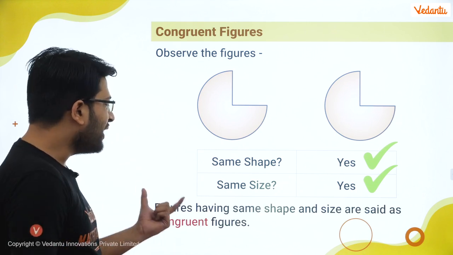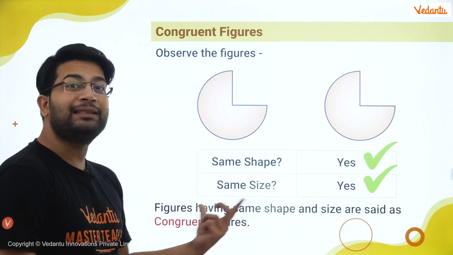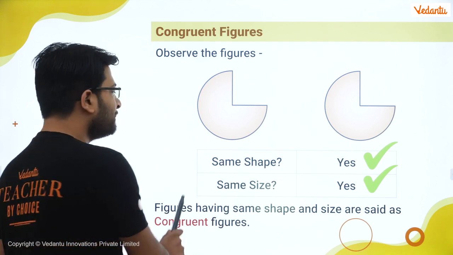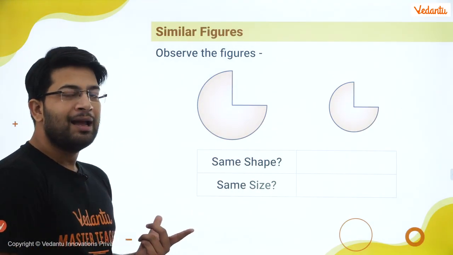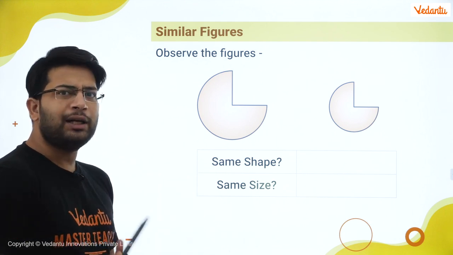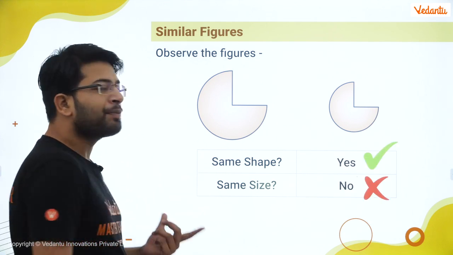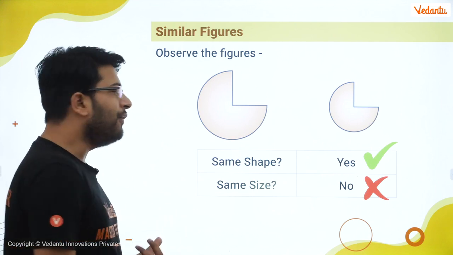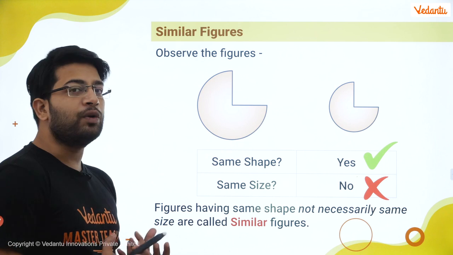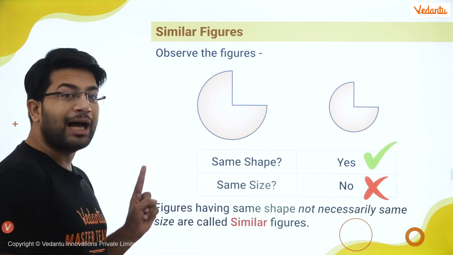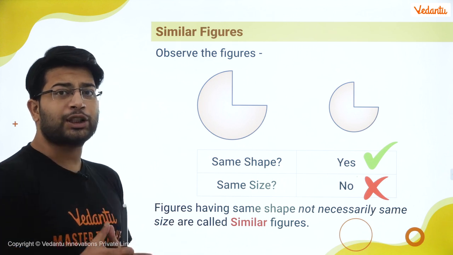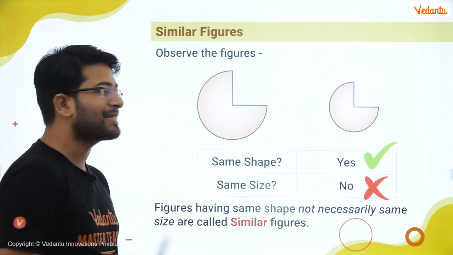The figures which have the same shape and same size are known as congruent figures, whereas figures which must have the same shape but the size could be different, or could be the same, are known as similar figures. Very important definition, and the introduction is very important in this topic.